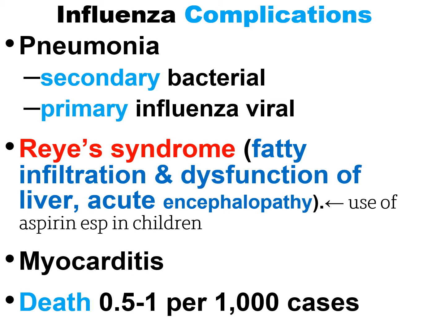Influenza complications: pneumonia, either secondary due to bacteria or primary due to influenza. Reye's syndrome, a fatty infiltration and dysfunction of the liver, and acute encephalopathy, due to the use of aspirin, especially in children with influenza.